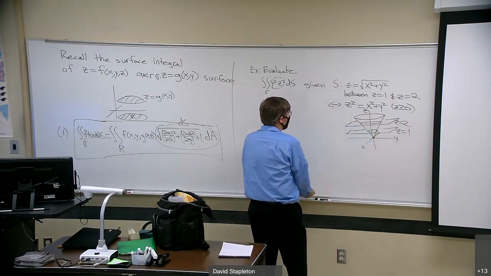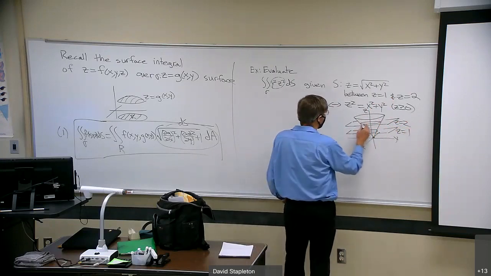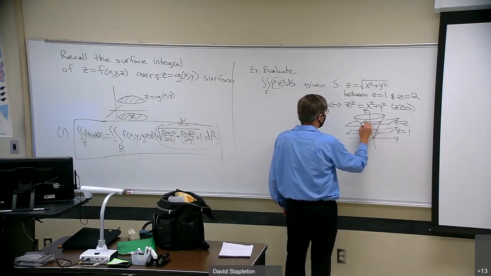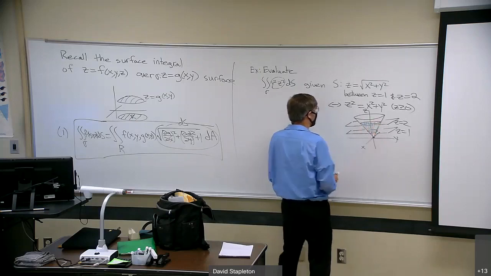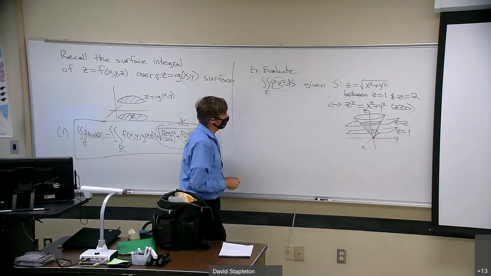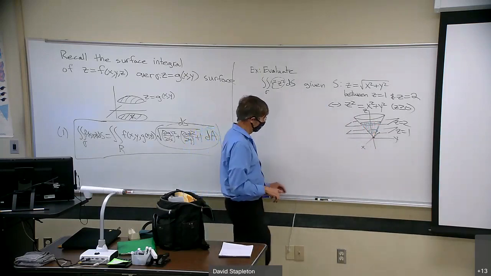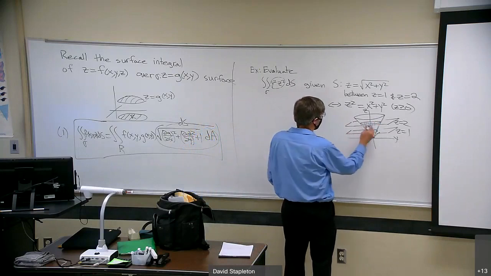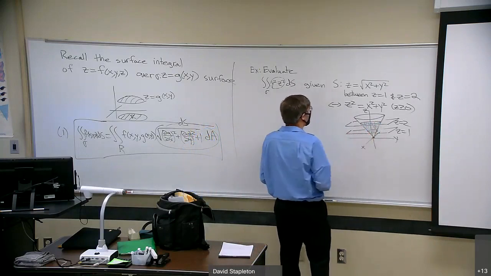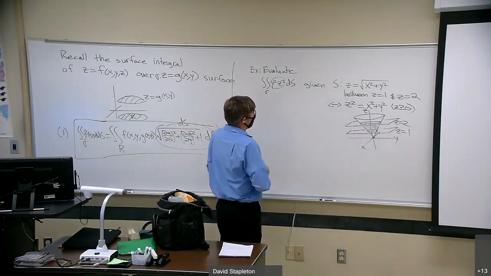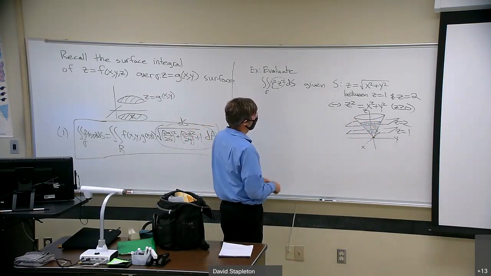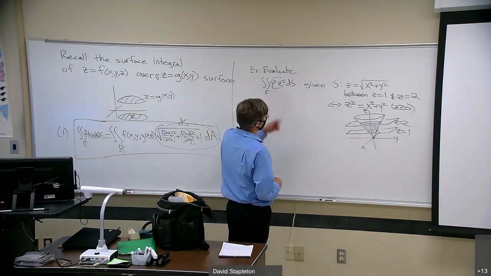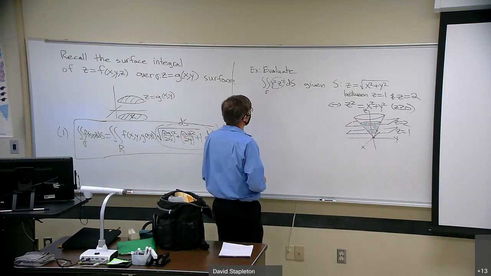So we're integrating over this surface between those two planes, part of the half cone. Call that sigma. And we can find the mass of that little frustum from a rocket or something, if it has this mass at each point, y squared z squared.